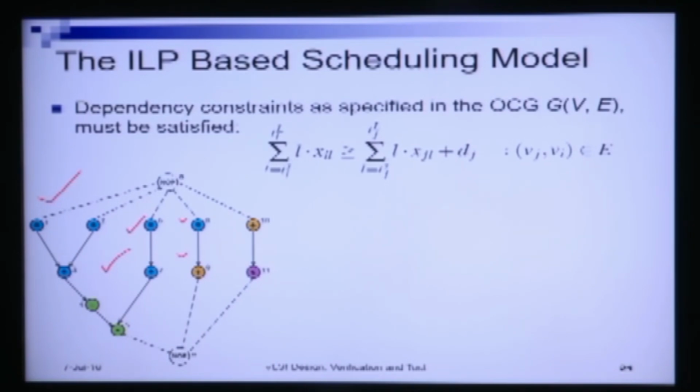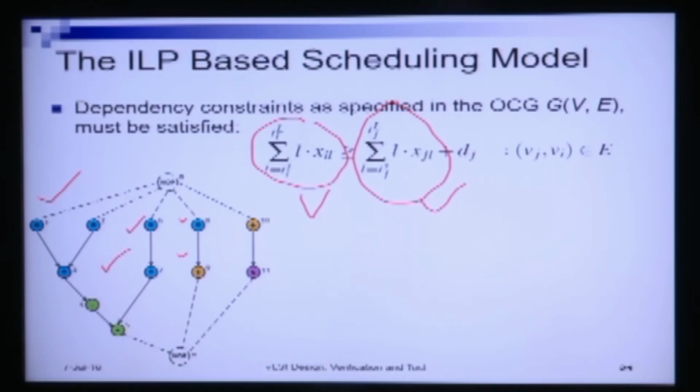Right? So, how do we say that? As we said in the previous slide, this represents the start time of operation J. The left one indicates the start time of operation I, and this represents the start time of operation J. The start time of operation I should be after operation J starts and the whole propagation delay of the jth operation is also crossed.